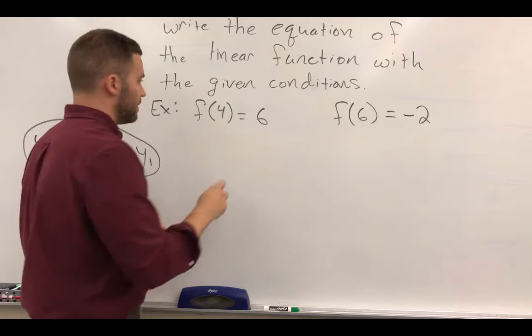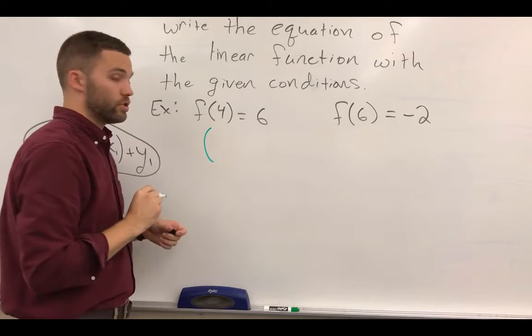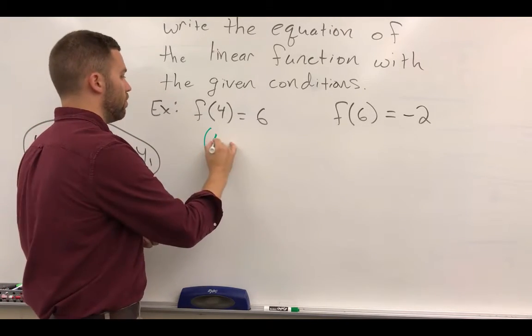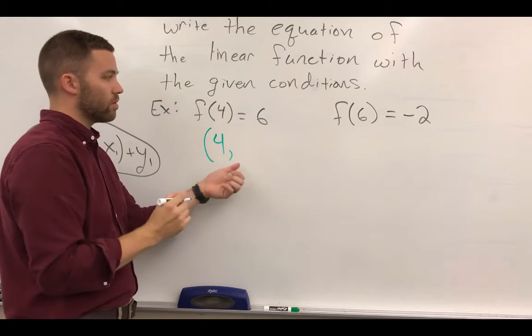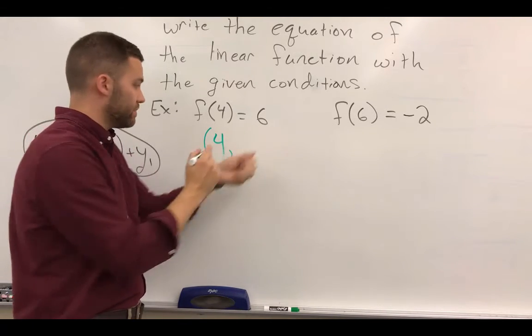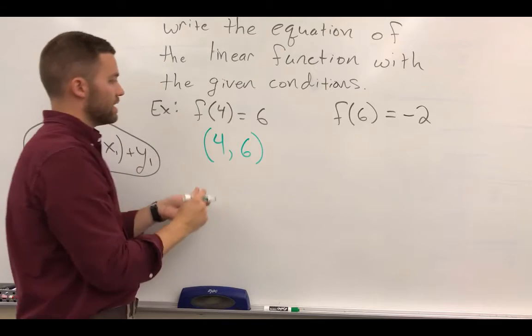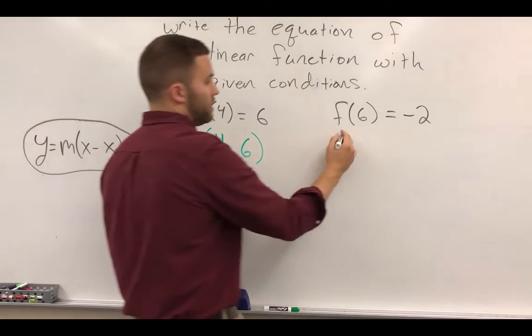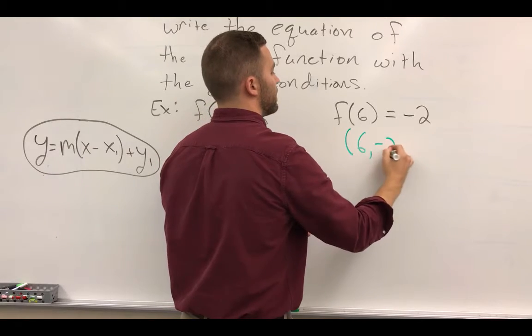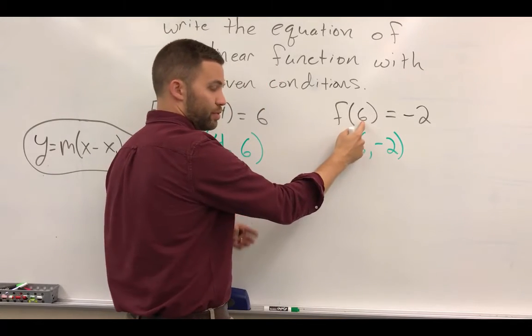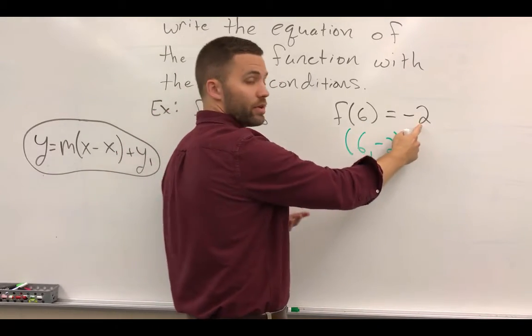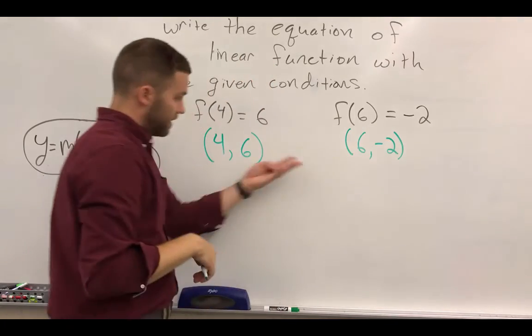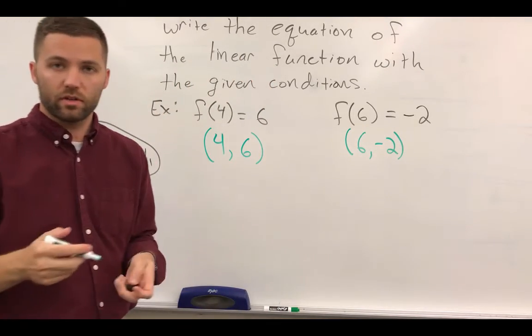So I can write the first part of the point, the x-coordinate, as 4, and then the y-coordinate, which is the output, has to be 6. So this is equivalent to saying one point on the line is (4, 6). We can do the same thing over here: (6, -2). Again, this is the input, the x-coordinate, and this is the output, the y-coordinate.